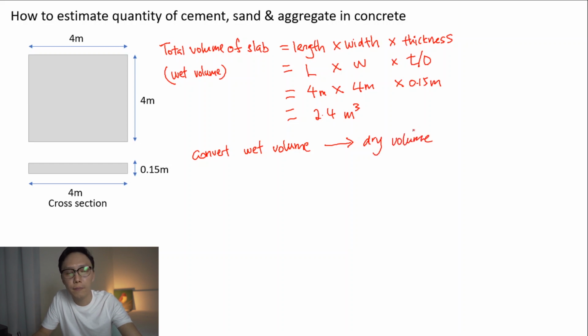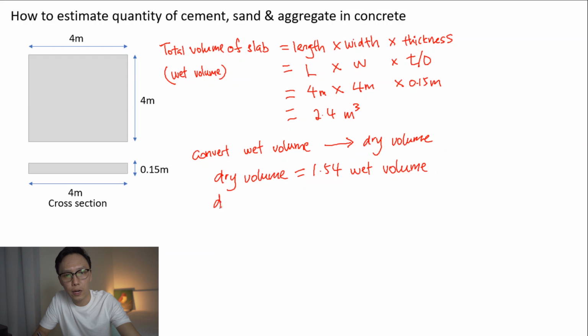How to do that? They actually have a ratio of 1.54. So dry volume is actually 1.54 times the wet volume.